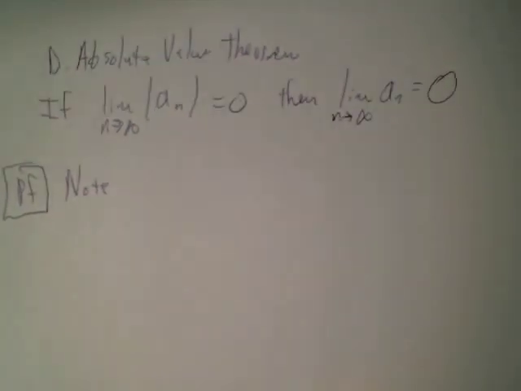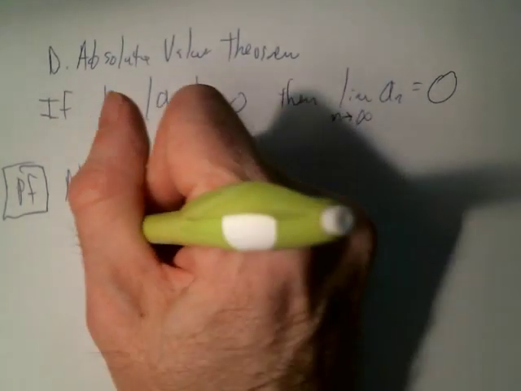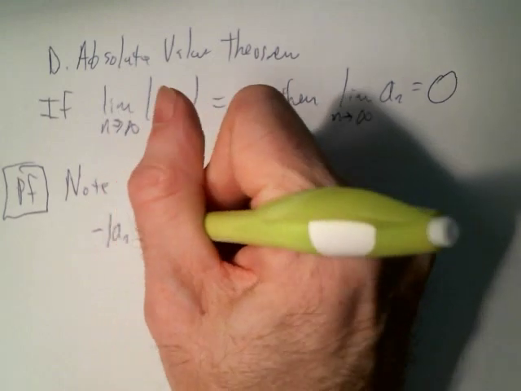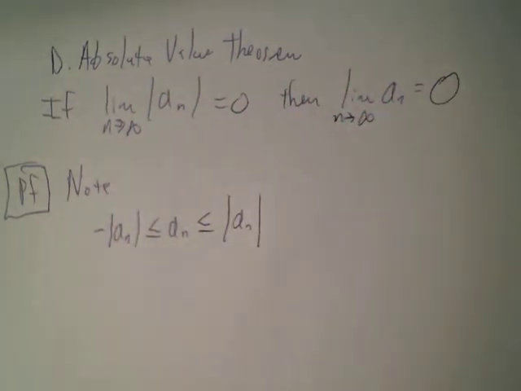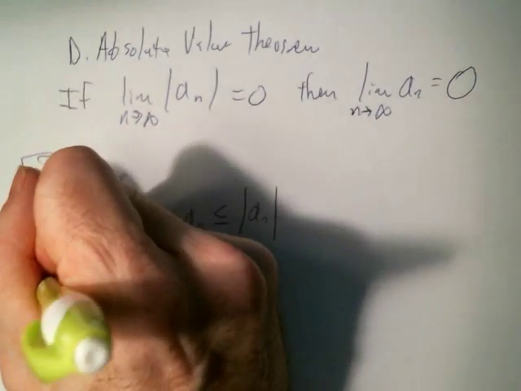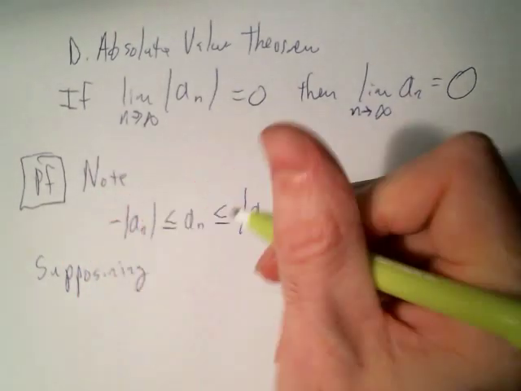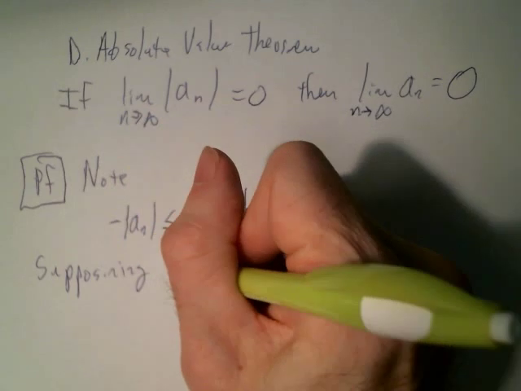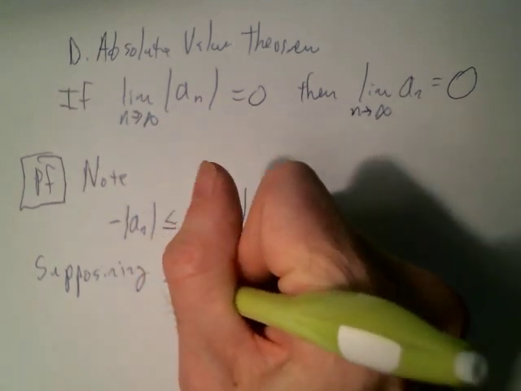And it follows from a very simple fact, the fact that a sub n is greater than or equal to negative absolute value of a sub n, which is less than or equal to the absolute value of a sub n. And then we could use the squeeze theorem. So we're supposing this is true: the limit of the absolute value of a sub n equals 0 as n goes to infinity.